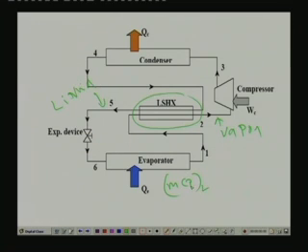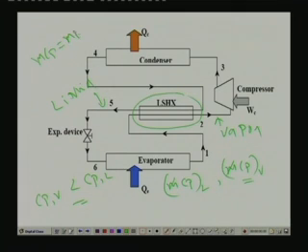So, you have m Cp of liquid, which is the hot stream, and m Cp of vapor, which is the cold stream, and the mass flow rate is the same because the same mass is flowing throughout the circuit. We can see that the vapor has the minimum m Cp, because Cp of vapor is always lower than Cp of liquid. So, as a result, m Cp is minimum for the vapor.